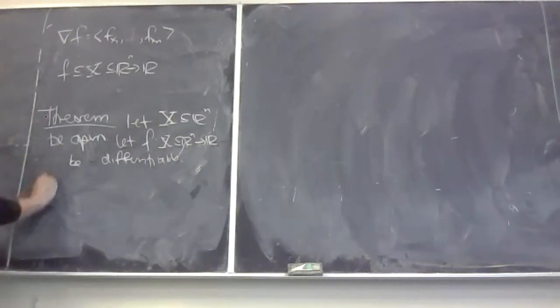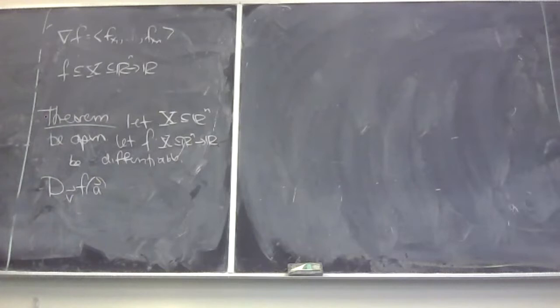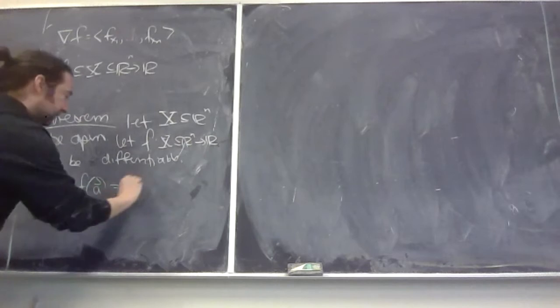that D_v f at a. What does that mean? Somebody give me the whole blog. The directional derivative of f in the direction v at the point a. Beautiful. The directional derivative of f in the direction v at the point a is equal to the gradient.